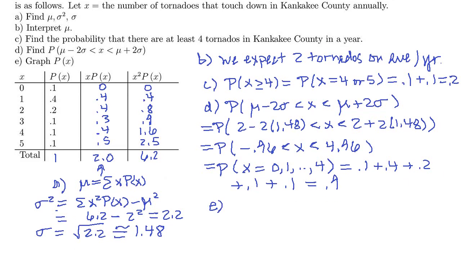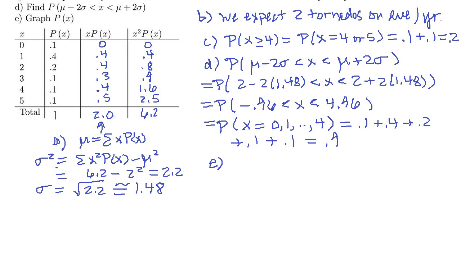So we can do a bar graph here. So on the vertical is going to be our probability. On the horizontal is going to be our number of tornadoes. So on the horizontal we've got 0 through 5. So I'll do 0 here, 1, 2, 3, 4, and 5.